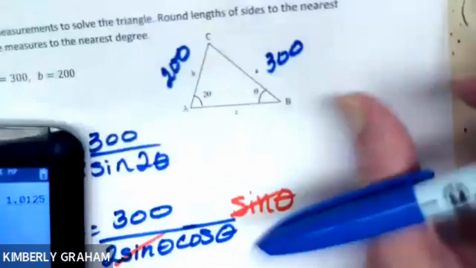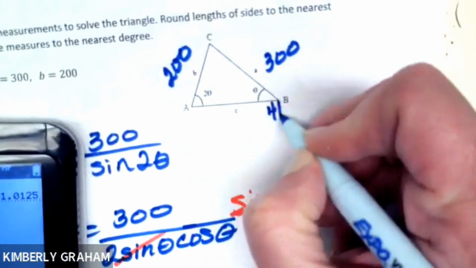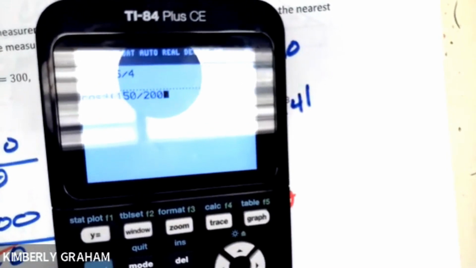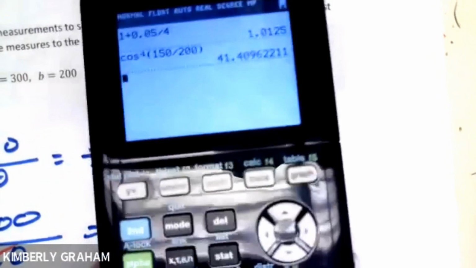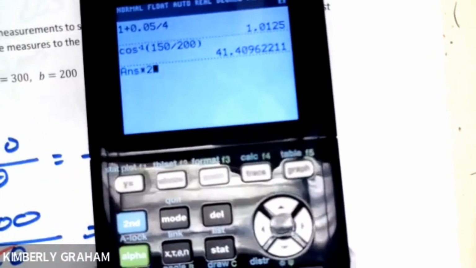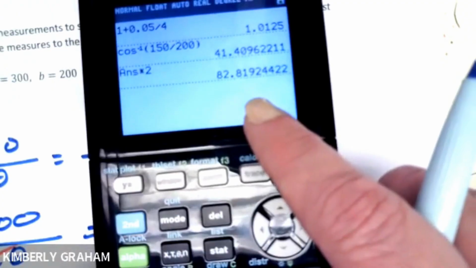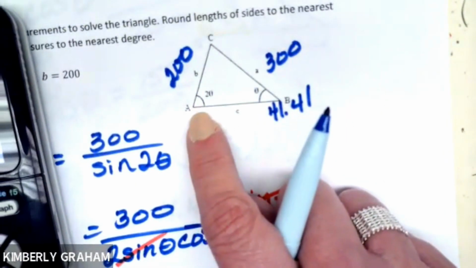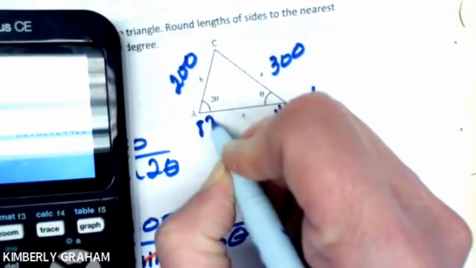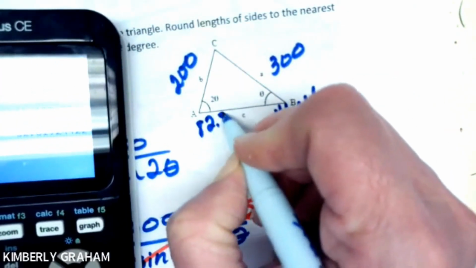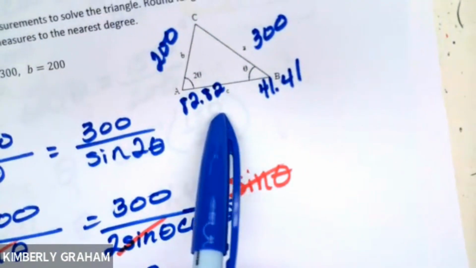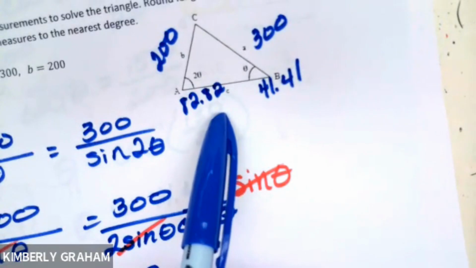So I could come back over here to my picture, say this is 41.41. What was this? Cosine inverse of 150 divided by 200. What I would do is go ahead and multiply that times 2 to give me this angle measure here. So it would be 82.82. Now, your final answer in my math lab, you would want to round that up to 83.